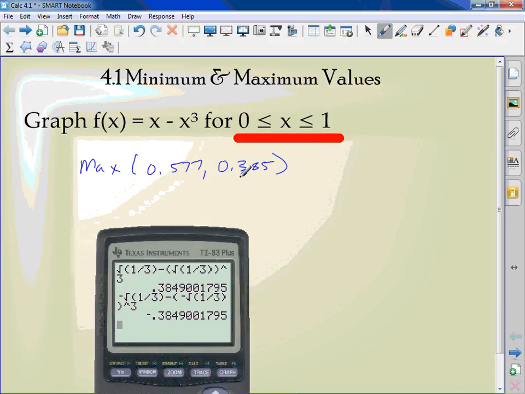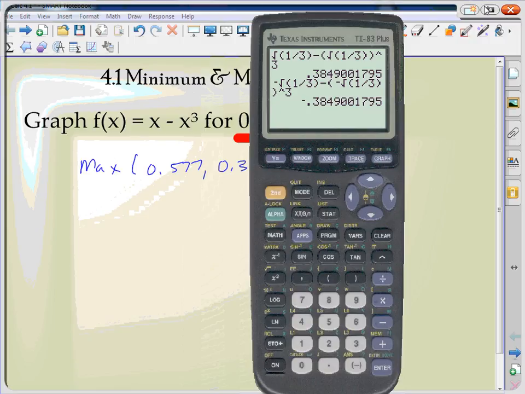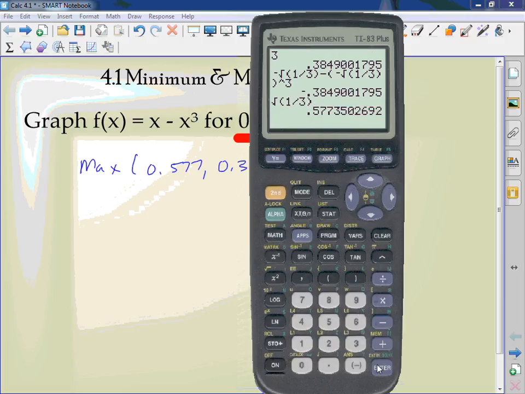The y value, sorry. I'll show you. Square root of 1/3 is 0.577. So I have a minimum at 0 and 1. I have a maximum at square root of 1/3, which is 0.577.